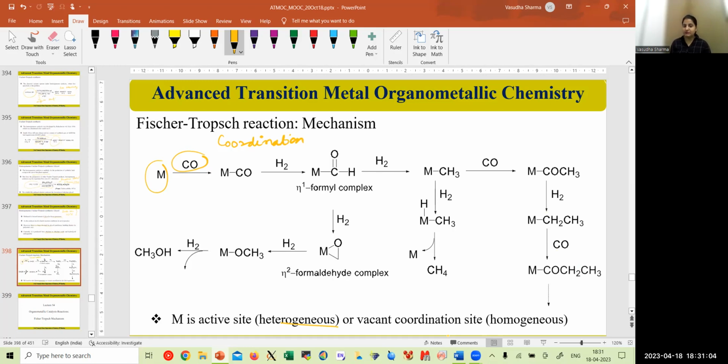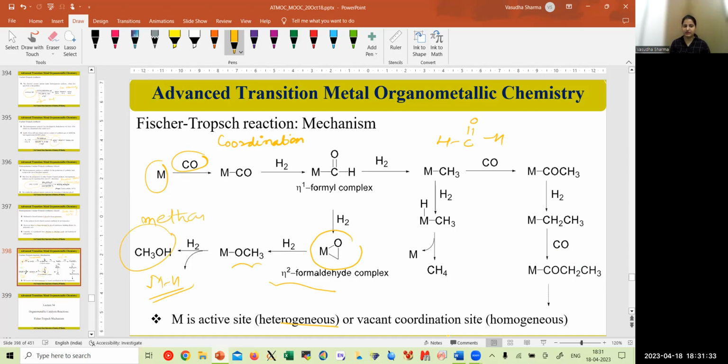Or when we treat it with another molecule of H2, it could give you this formaldehyde, which is nothing but H2CO. It could coordinate as an eta2 form, and then after hydrogenation using hydrogen gas, it will give you the methoxide, and again with this it will release CH3OH and the M-H bond.